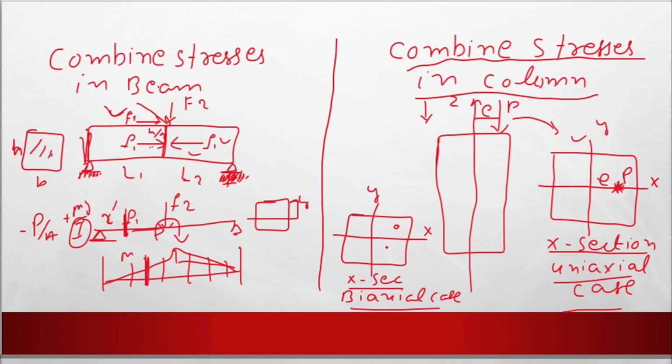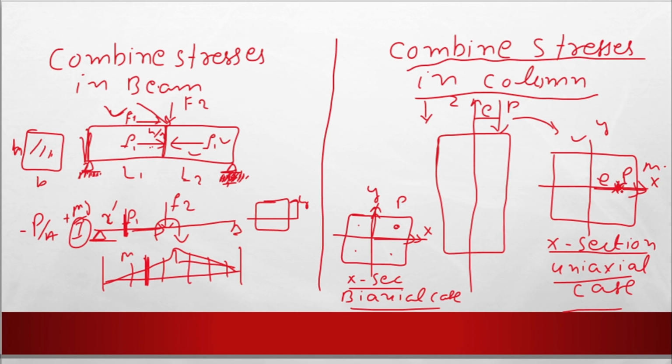If the load P is applied between the x and y axes, at the first ordinate or anywhere here, this will bend the column along this direction and along this direction. So this is M and this is M. This is M_y, because this will produce the moment about the y-axis.